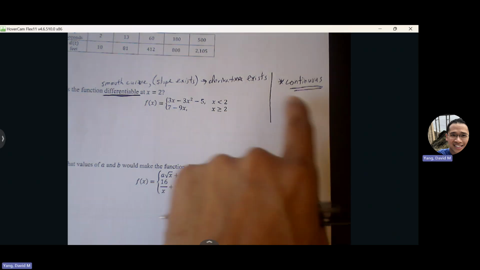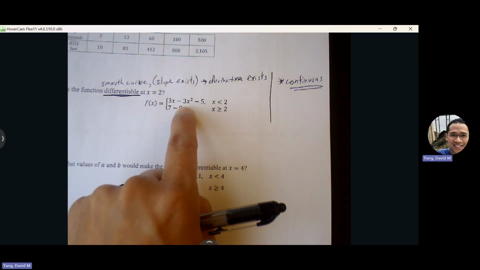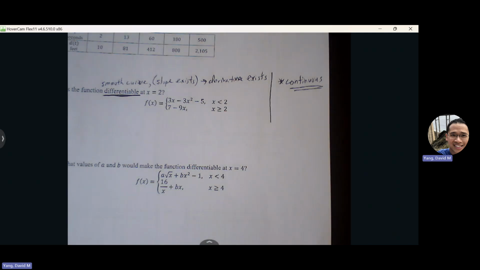And if they do, then we can test to see, do they share the same slope at 2? So they must not only share the same slope, they must also share the same point. Otherwise, the graph is not going to connect and show a smooth curve.